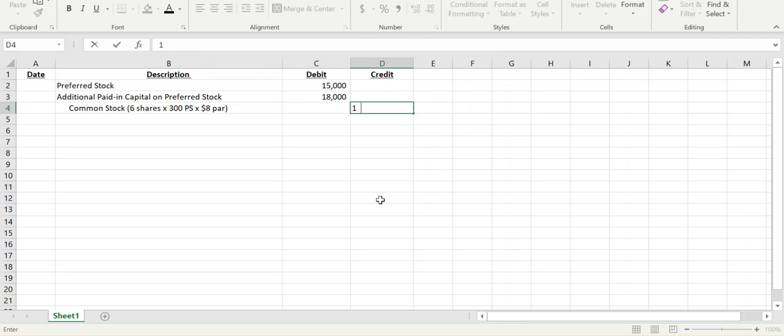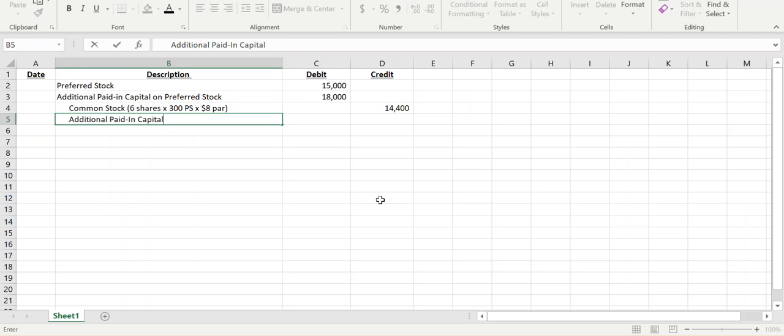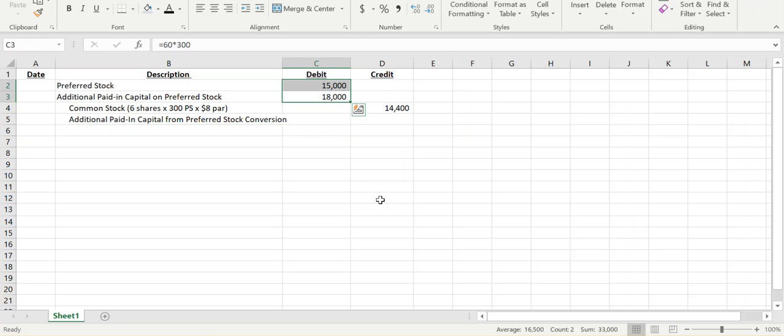So our common stock is going to go on our books at $14,400, and the difference goes to our additional paid in capital from preferred stock conversion, which is just the difference between the amount that we originally took in, or that $3,300, and how much of that has now been allocated to common stock, or in this case, $18,600.